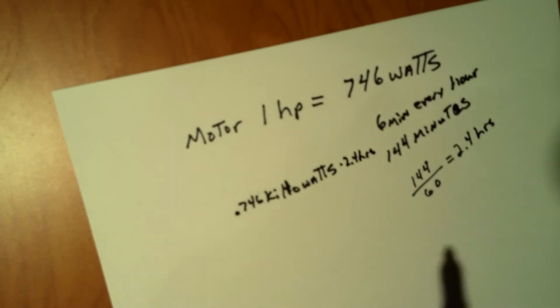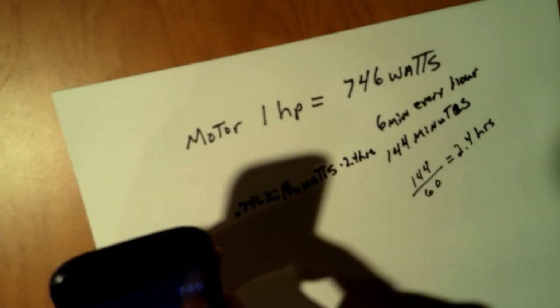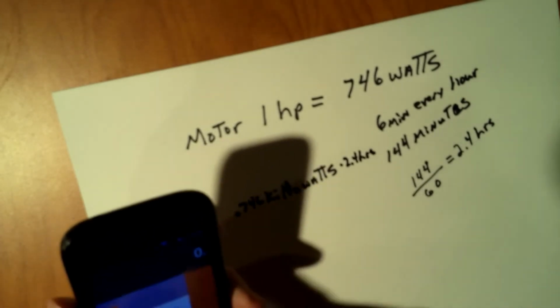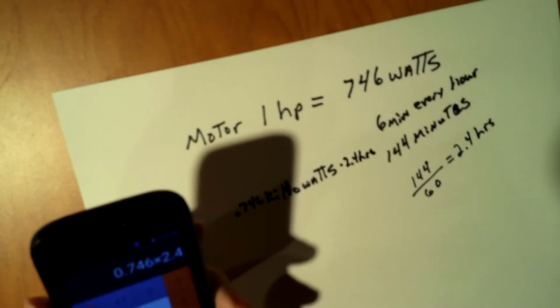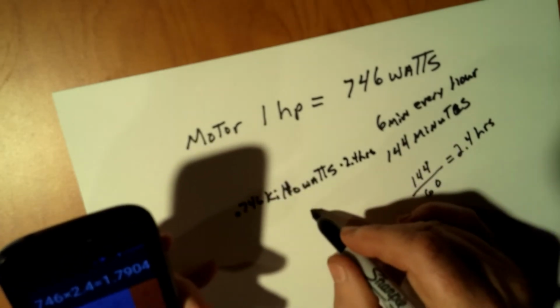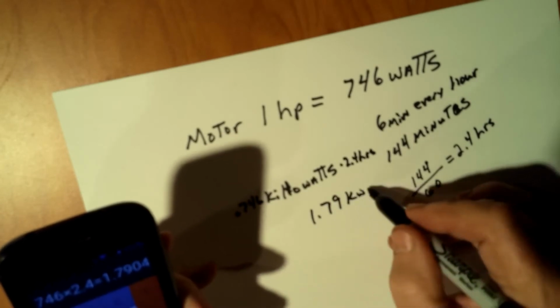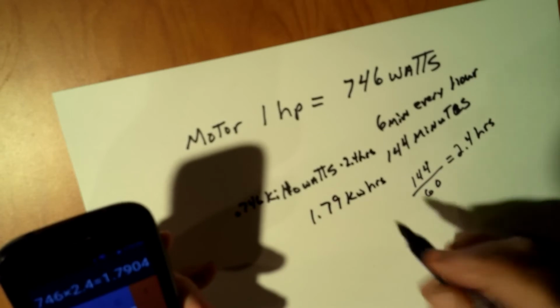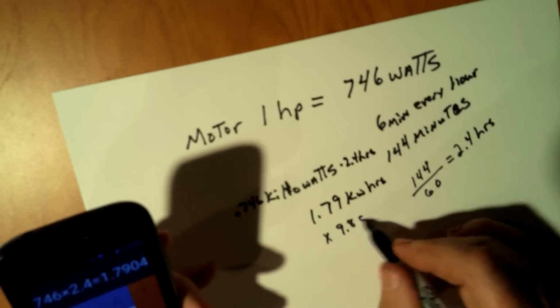So if you multiply that out, 0.746 times 2.4 is 1.79 kilowatt hours times 9.8 cents.